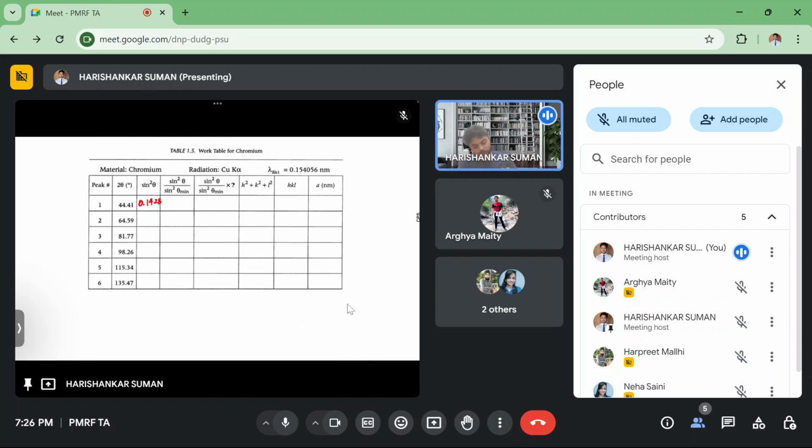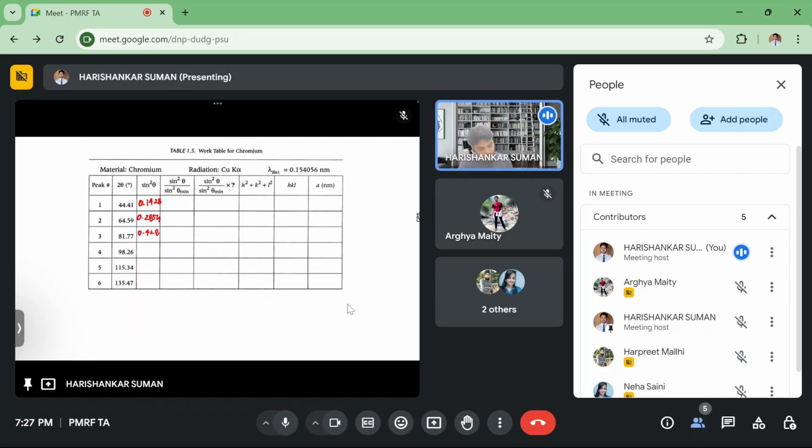This is 32. Take sin square 2854. Okay, then 81.77 divided by 2. Take sin square 428.